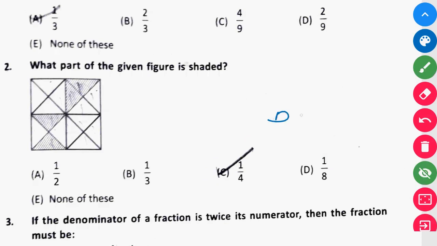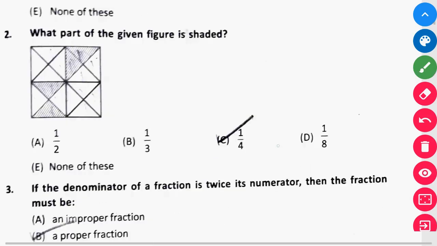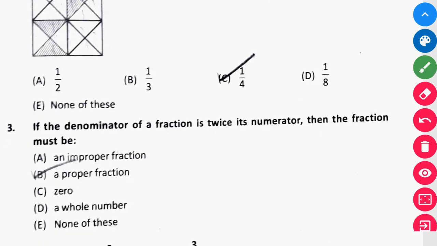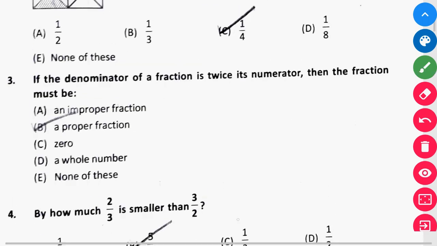Denominator of the fraction is equal to twice the numerator. That means denominator is greater than numerator. Now if numerator is small, the fraction is known as a proper fraction. So the fraction is a proper fraction because numerator is small and denominator is greater than the numerator.